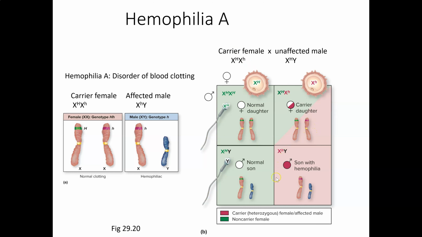The daughter is still going to be a carrier and behave normally, but the main affected persons are going to be the sons. The male offspring is going to have a 50% chance of getting that disease. So X-linked recessive genes predominantly affect male offspring.